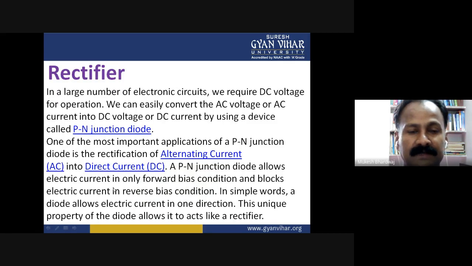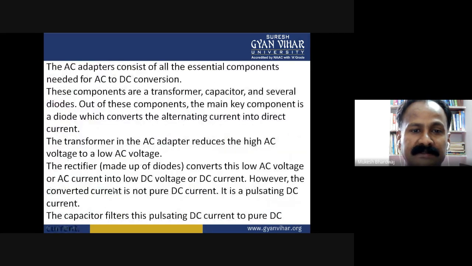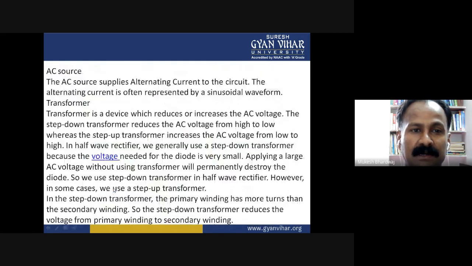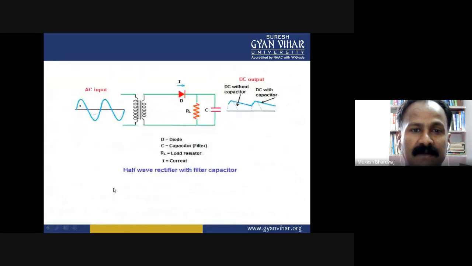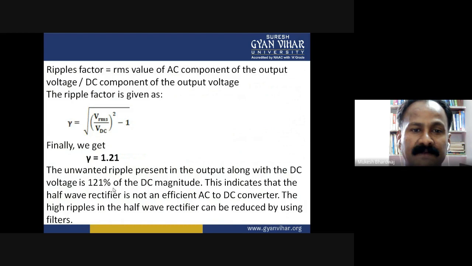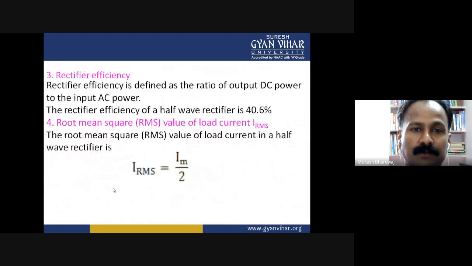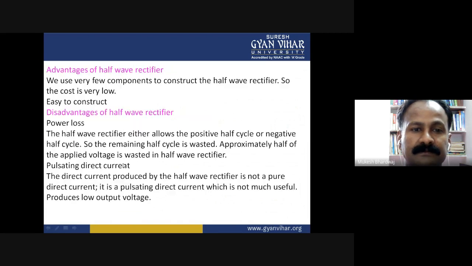The definition of rectifier we had completed, the theory related to that, and the types of rectifier we had discussed. Half wave rectifier, the operation of half wave rectifier with the capacitor as a filter. We have already discussed the characteristics of the half wave rectifier, that is ripple factor, peak inverse voltage, rectifier efficiency, root mean square value of load current, root mean square value of output load voltage, form factor, and the advantages and disadvantages.